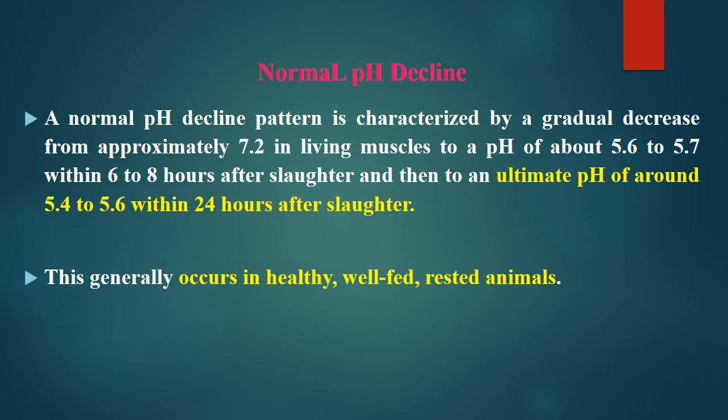In large animals, rigor mortis sets in up to 20-24 hours, whereas in small ruminants or pigs it may take less time. It is all connected to glycogen reserve and the starting of rigor mortis. This generally occurs in healthy, well-fed, rested animals. So this is the background of pH decline in a normal, healthy animal which has proper rest and proper practices followed.